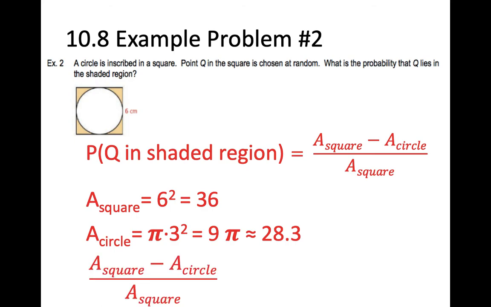So the square minus the circle over the square is equal to 36 minus 28.3 over 36. That's about equal to 7.7 over 36, which is about equal to 21%. So the chances of a point being chosen at random within that square being in the shaded area is approximately 21%.